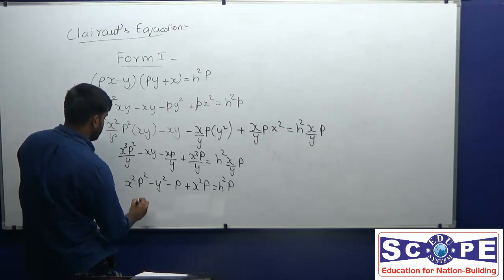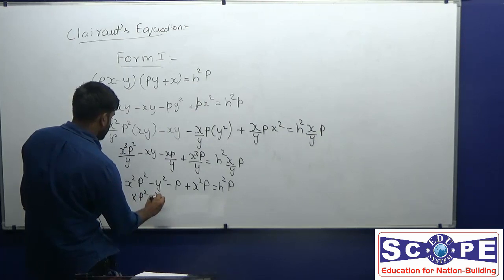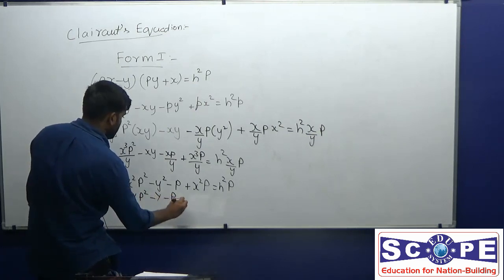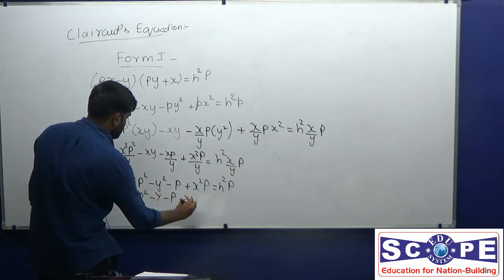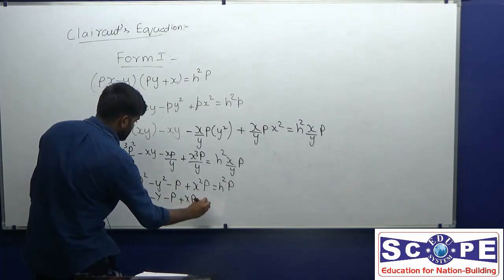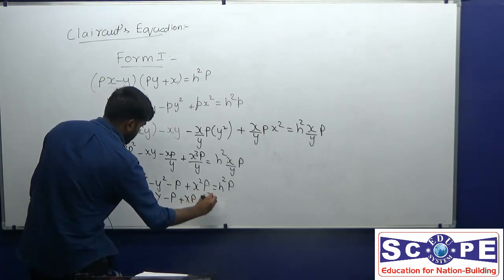So it would be simply xp square minus y minus p plus x p equals to h square p.